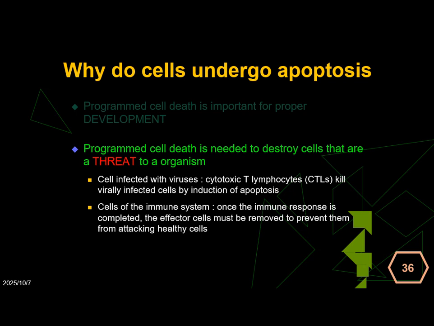If the cell gets infected by the virus, it's bad for the whole organism, so the cytotoxic T lymphocyte asks the cell to go through apoptosis. Once the immune response is complete, the effector T cells or effector B cells must be removed to prevent attacking healthy tissue. Otherwise you would be inflamed all the time, which is bad for your system. So that's two situations under threat.